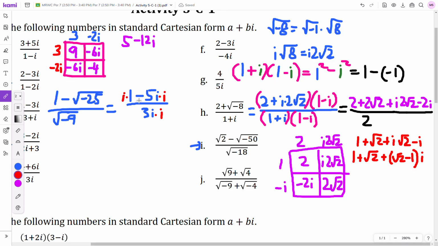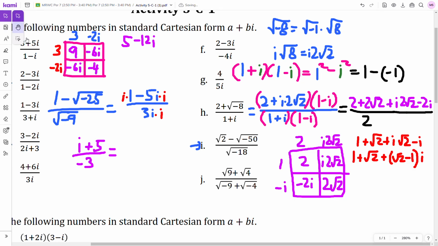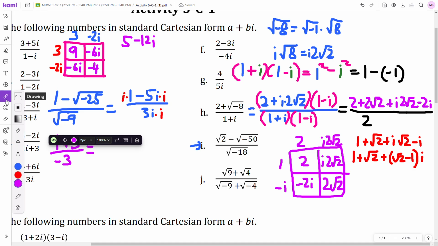Okay, so if we multiply all this, what do we get? We get i minus 5i squared, in other words, plus 5, over minus 3. Let's clean this up a little bit. So, first of all, I prefer to have the real part come first, so I can say 5 plus i over negative 3, and then I can split the fraction.